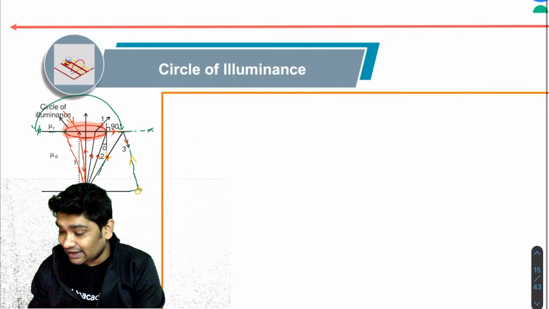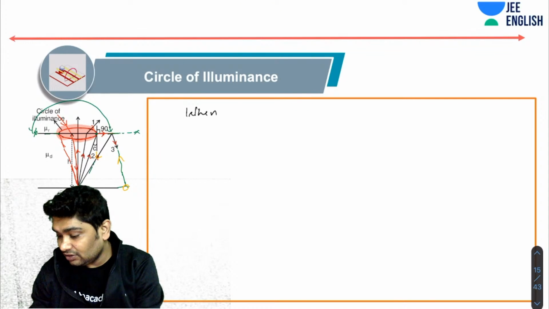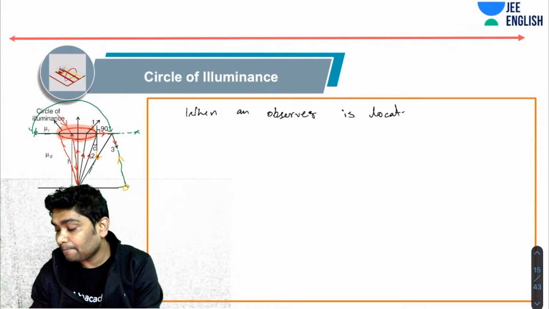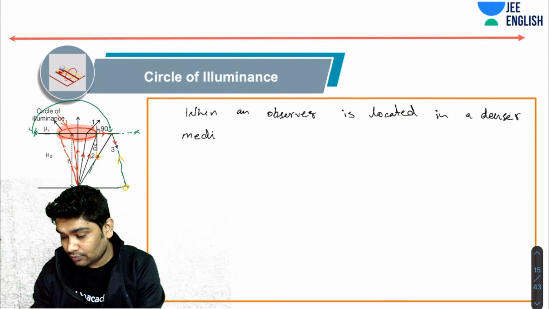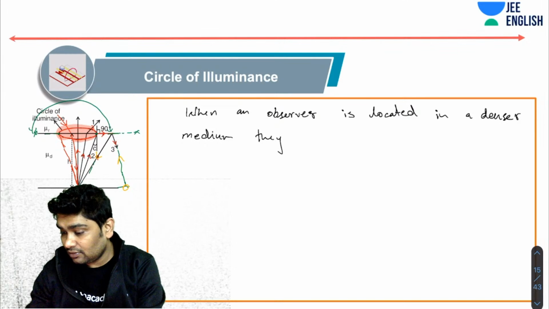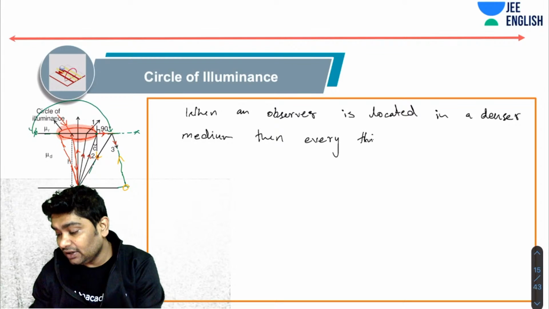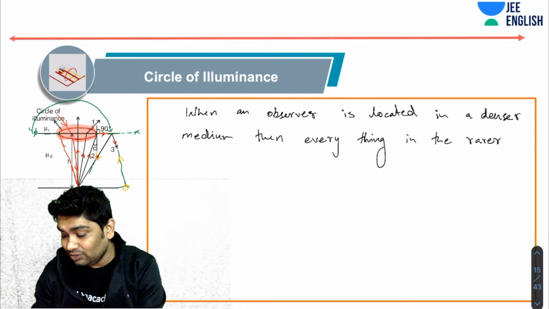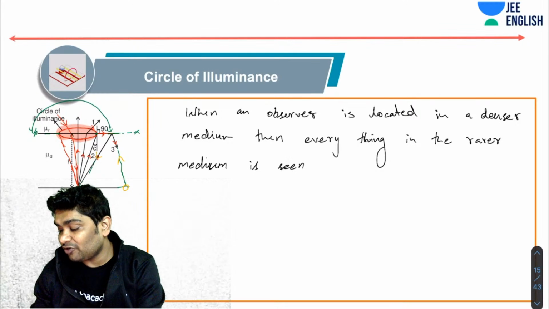So what I can say is, when an observer is located in a denser medium, then everything in the rarer medium is seen through the circular base of a cone as shown.